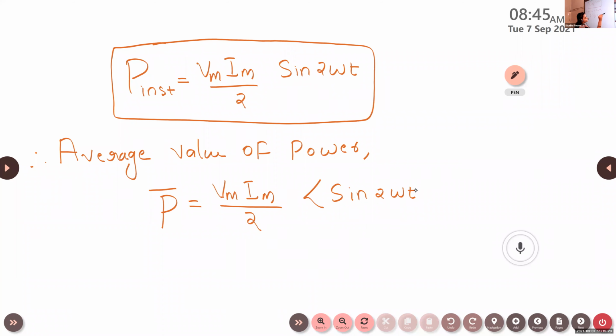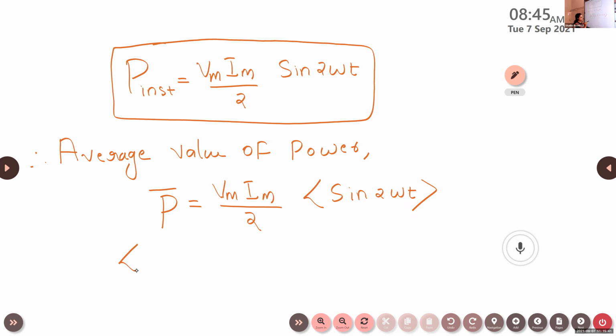So this is the equation for calculating the average value of power. We just take the summation of the sin 2 omega t term. So the average value of power P bar is equal to Vm Im divided by 2 into summation over sin 2 omega t.